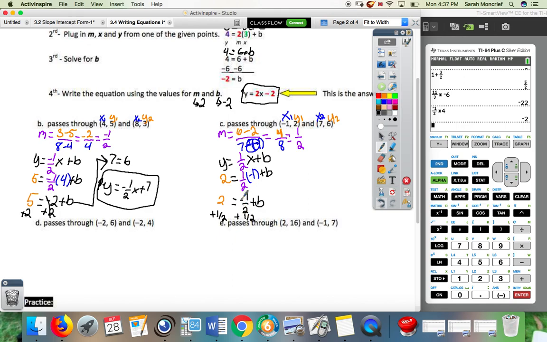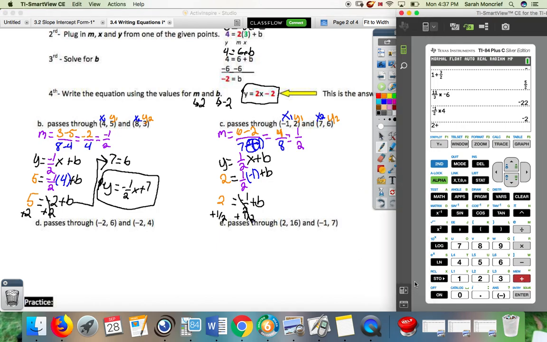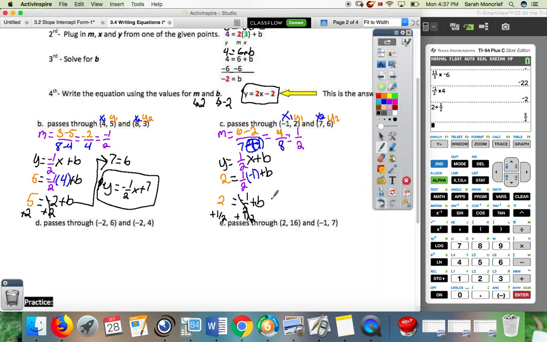So what happens on the left, on the right? They cancel. And now let's do 2 plus 1 over 2. And what do we get? 5/2. So b is equal to 5/2, or 5/2 is equal to b.